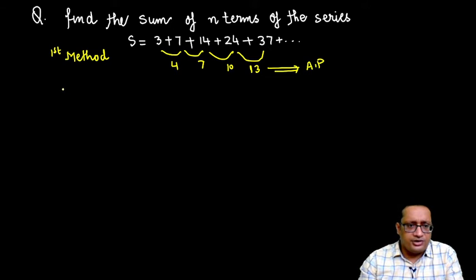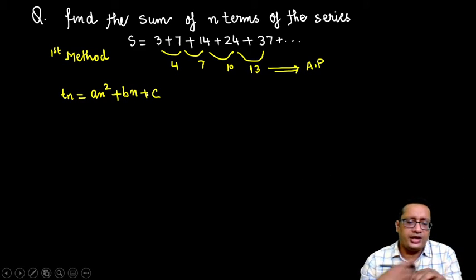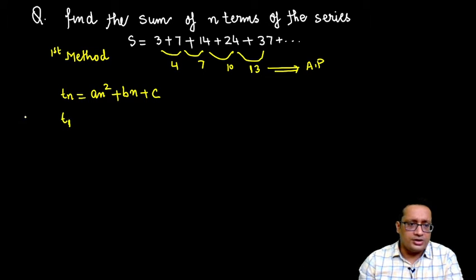So let's consider the nth term is equal to a n square plus b n plus c. What are the variables here? You will say a, b and c. Then three equations are needed to calculate these variables. So I am placing n is equal to 1, the first term: a plus b plus c is equal to 3.